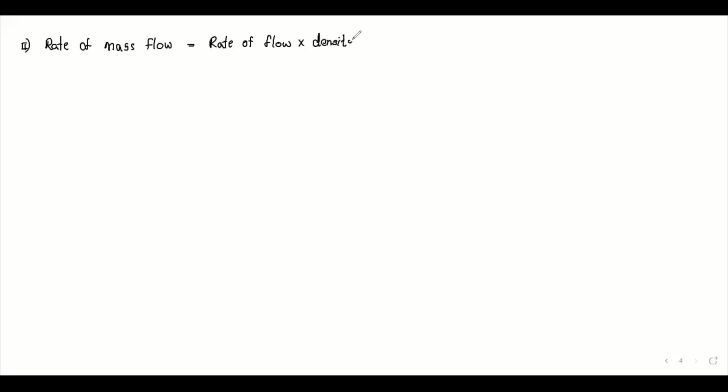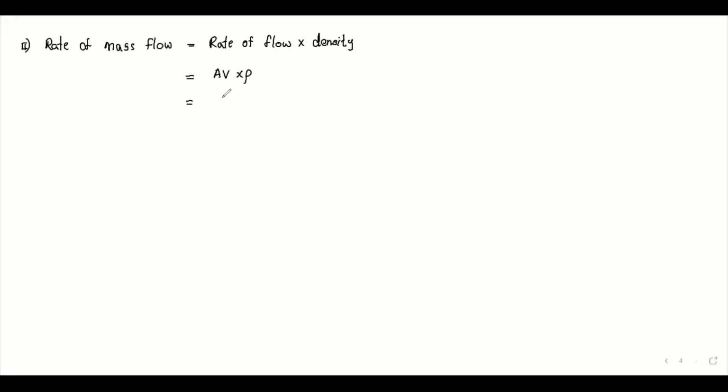You know the rate of flow's units is volume per second, and density is kilograms per meter cube. So when you multiply these two, what you get is kilograms per second, right? And you know the equation for the rate of flow is AV. You multiply the cross-section area by the velocity and you multiply it by the density. So it's AV rho, right?